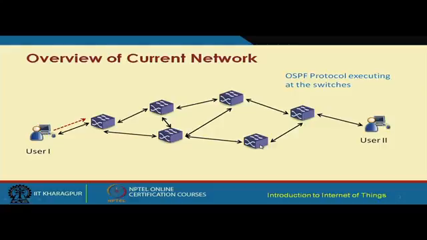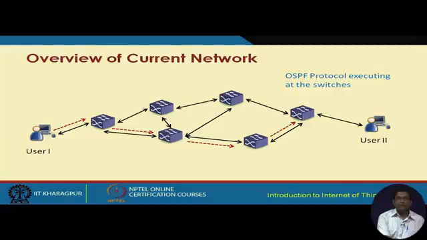So it executes OSPF, and when the packet is sent, the OSPF protocol is going to route the packet through the corresponding switches, depending on which route the OSPF protocol finds to be the best. Every switch knows how to send the packet based on the routing table that it has. So, it does not have a global view of the network as a whole.